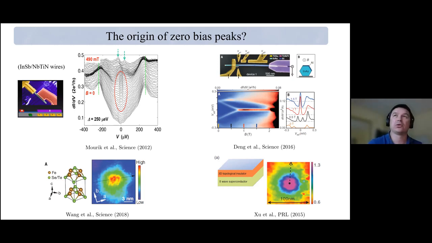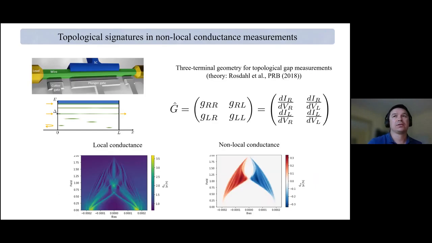So combining local physics and non-local physics is something that will give us much higher confidence that we detect true topological phase. So what is the proposal? I mean, there are several ideas in the literature. This is one of the ideas where one uses, instead of a two-terminal device, a three-terminal device where this superconductor is grounded.